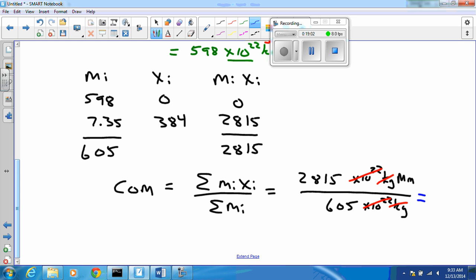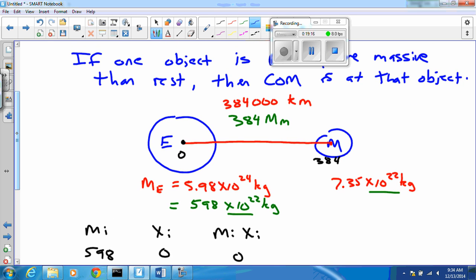I promised you earlier that the times 10 to the 22nds would cancel out, and in fact they do. So when I actually did this computation, I even left out the times 10 to the 22nd because I knew they would cancel out. And the result that we get is 4.65 megameters as the center of mass of the system.